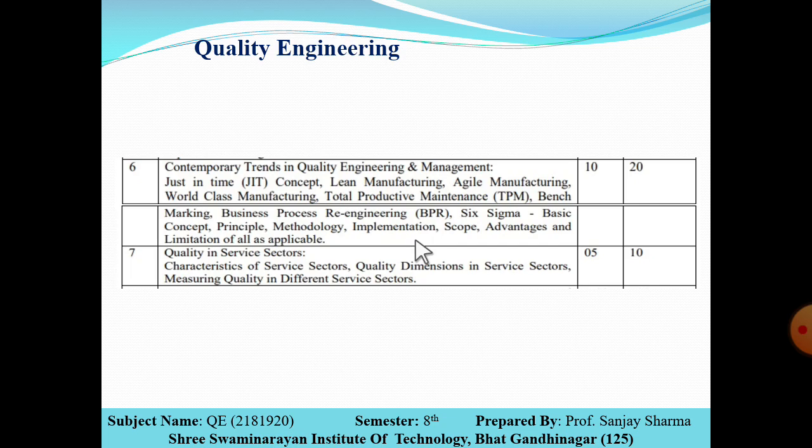Unless we adopt these methodologies or systems, we cannot go for a quality product. If we want a quality product, we have to implement one of these, either JIT, TPM, BPR, Six Sigma, or an agile manufacturing system. So in unit number 6 we will see the different systems, and it has a weightage of 20%.